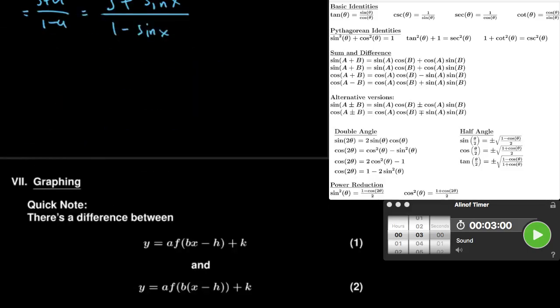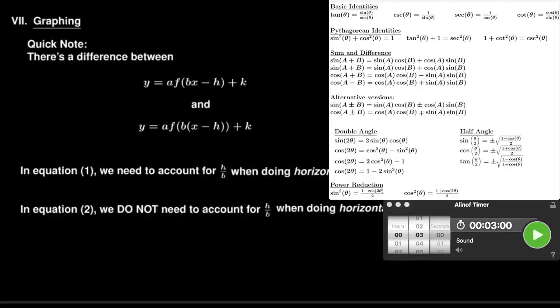Alright, so now we're on to graphing. I just want to show one really, really quick difference between two things before I go into doing it. So you have seen both of these before.